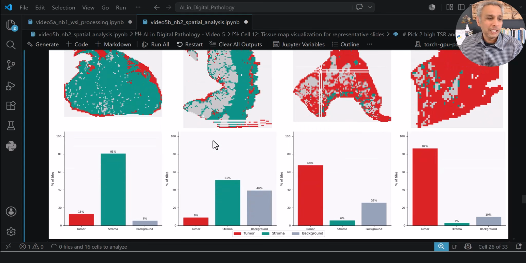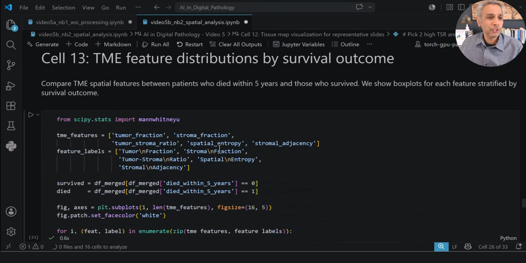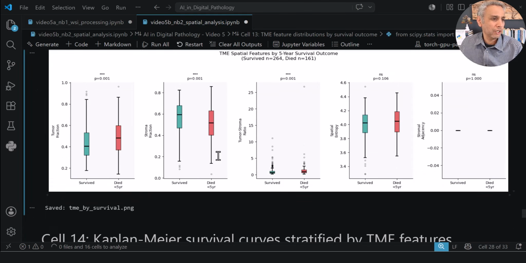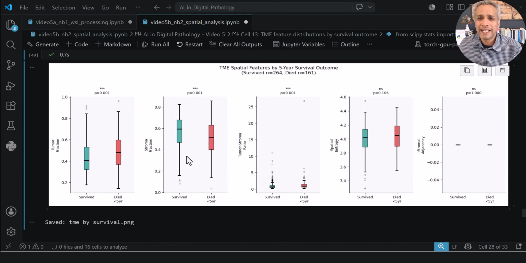Now, let's look at the TME feature distribution by survival outcome, and we are going to do some box plots for each TME feature. The teal is survived, and the other is those who died within 5 years.